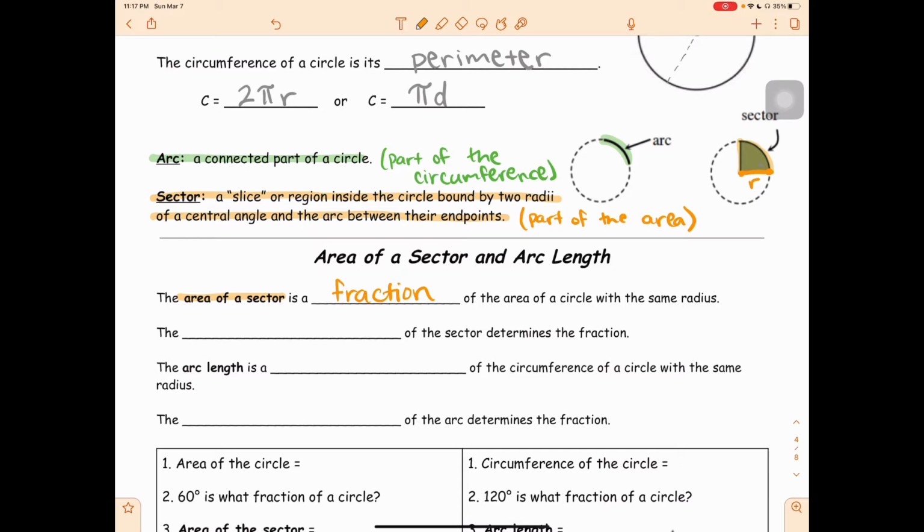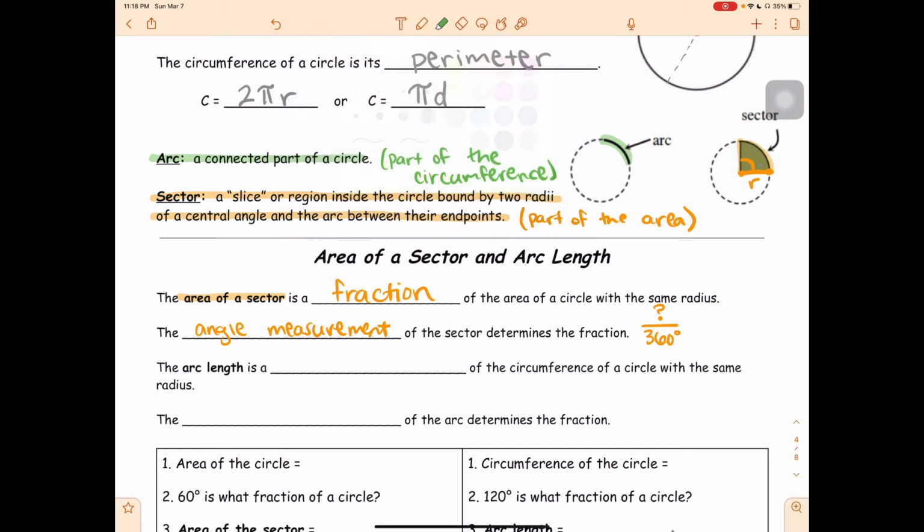So in order to determine what the fraction is, you have to know the angle measurement of the sector. The angle measurement of the sector determines the fraction because a circle is always out of 360 degrees, right? So that is why it's always going to be determined by the angle measurement. And then we're able to write a fraction from something over 360.